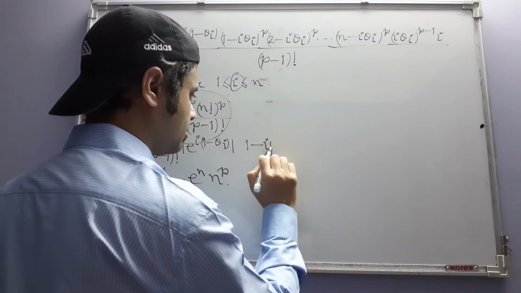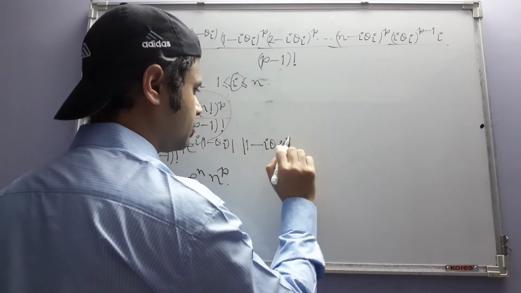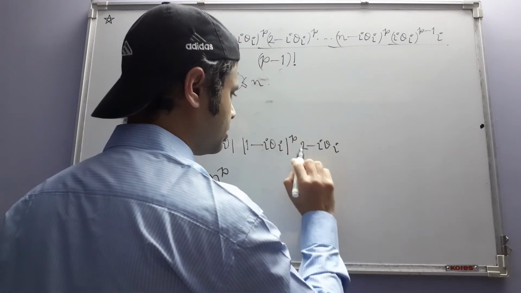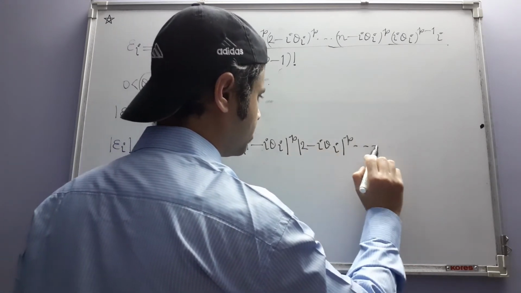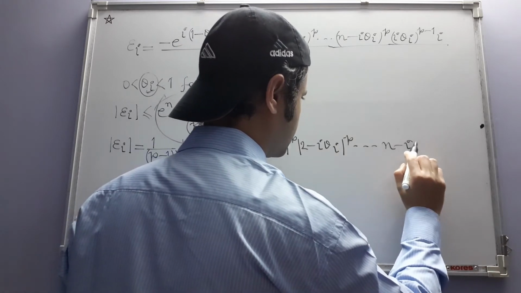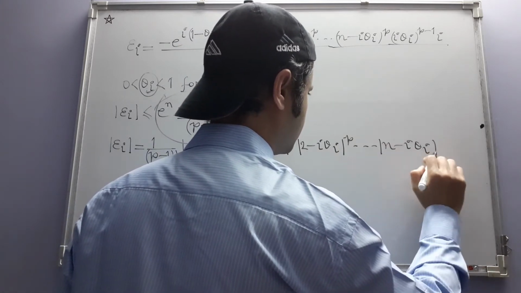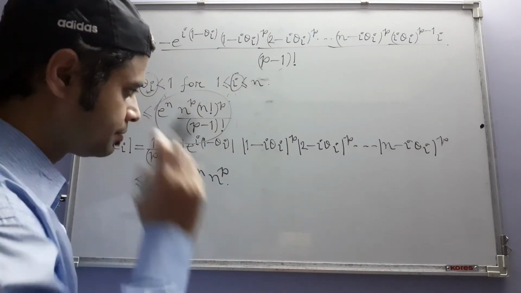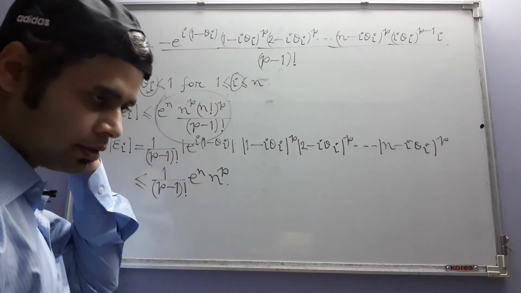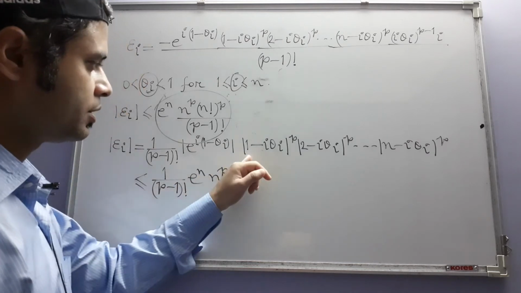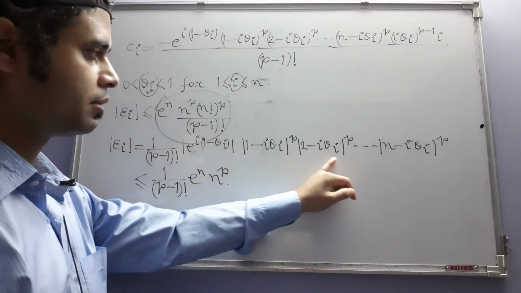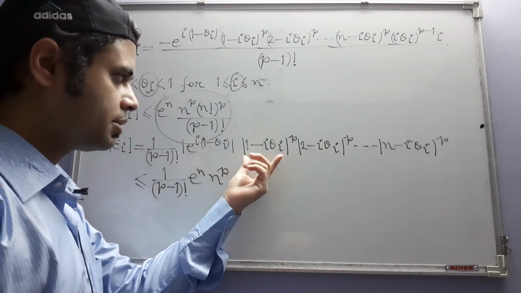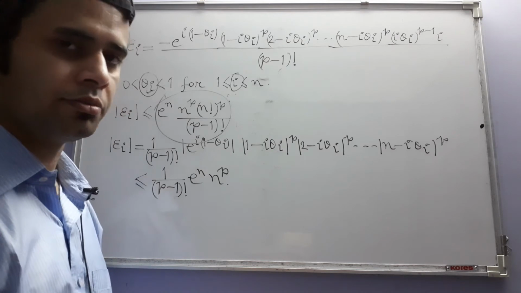1 minus I theta I to the power p, 2 minus I theta I to the power p, etc., n minus I theta I to the power p. Okay, fine. So it seems we cannot replace this by 1, this by 2 to the power p, etc. But can we replace each one of them by n to the power p?